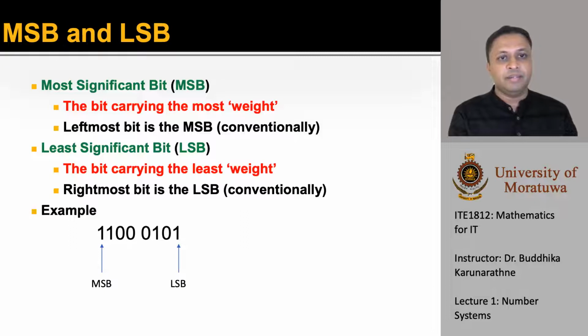Compared to that, LSB is the bit carrying the least weight, and it is usually the rightmost bit. Take this example, a binary sequence. The least significant bit is the rightmost digit, and the most significant bit is the leftmost digit. So MSB and LSB can be simply introduced as those two representations.